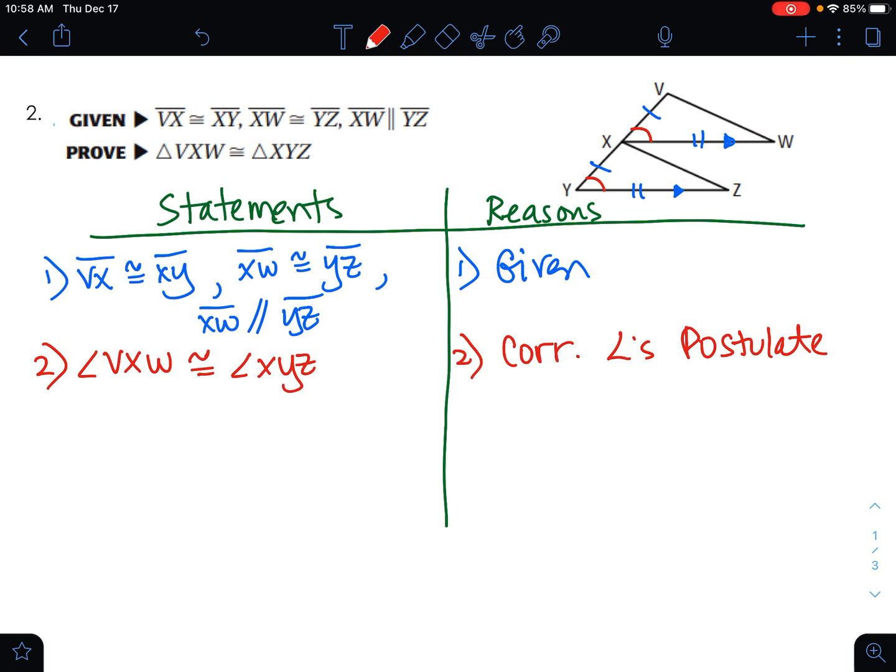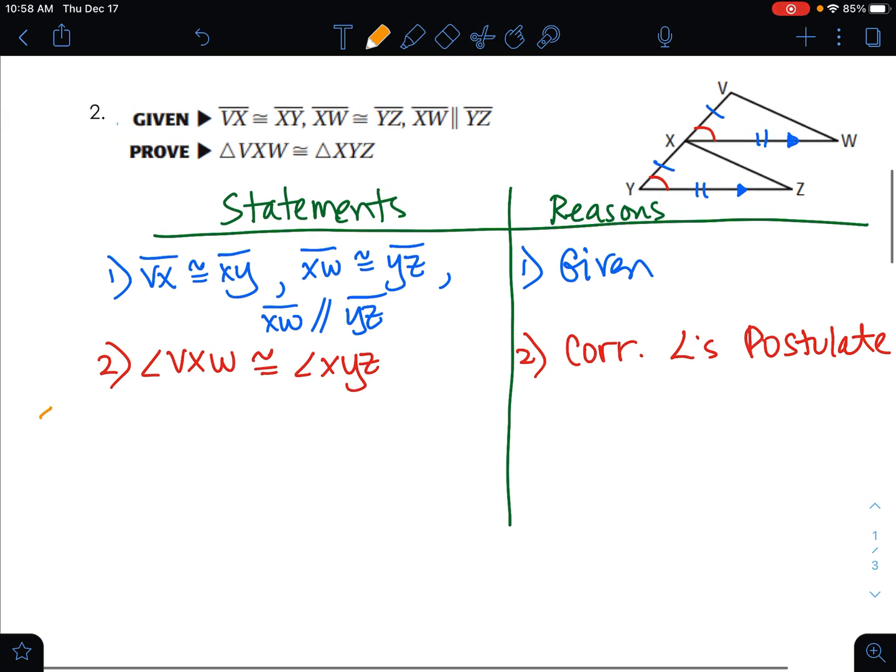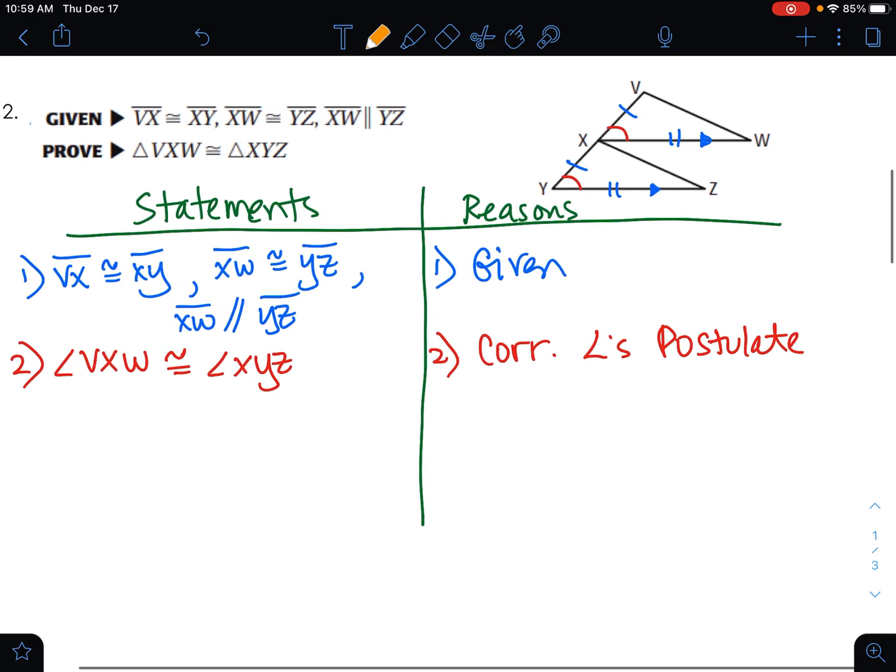Okay, every item I mark, I always pause and say, am I done? Do I have enough to get one of my shortcuts? And I do have one. I have 2 sides and an angle. And I see that my angle here is sandwiched in between my 2 sides. So this is side, angle, side. So, oops, I'm ready to be done.